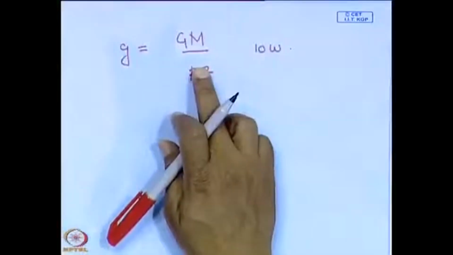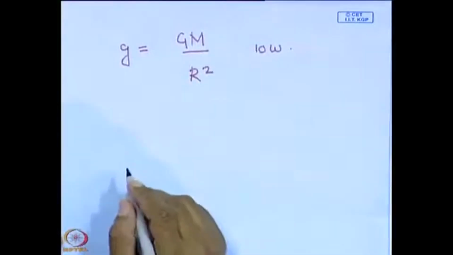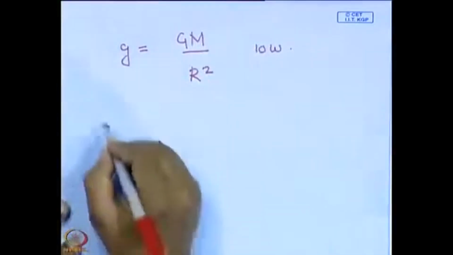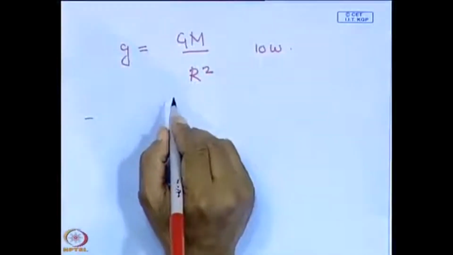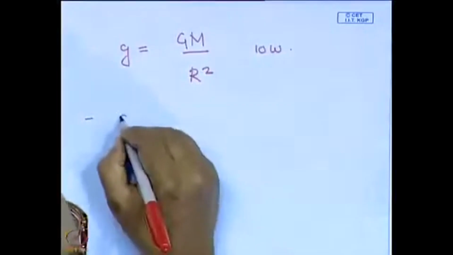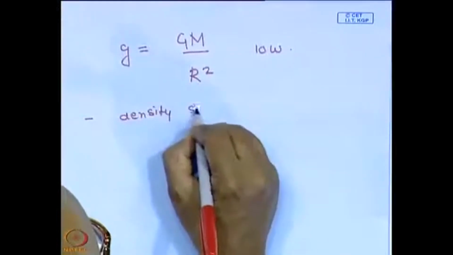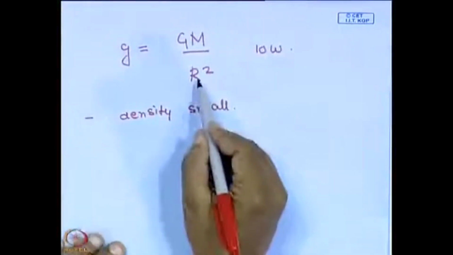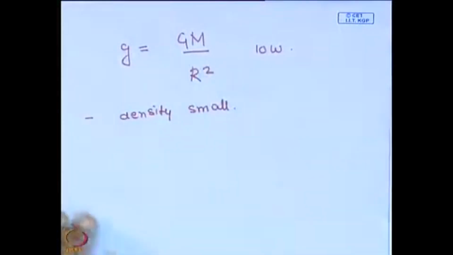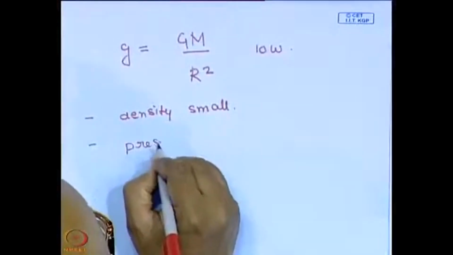So the surface acceleration has fallen, and as a consequence of that, two things happen. The density is small at the surface, right. This is obvious because the r has gone up, the mass is fixed, and also the surface pressure is low.